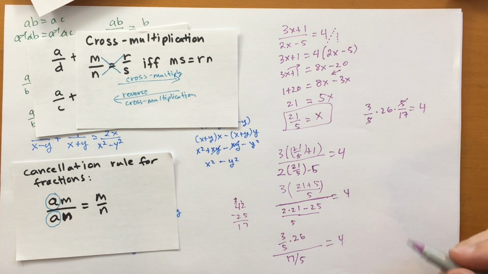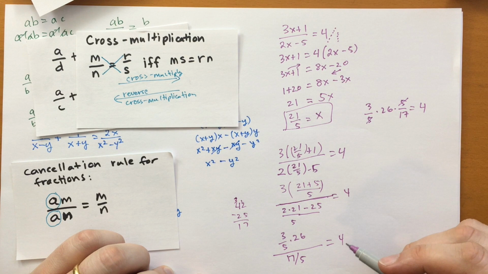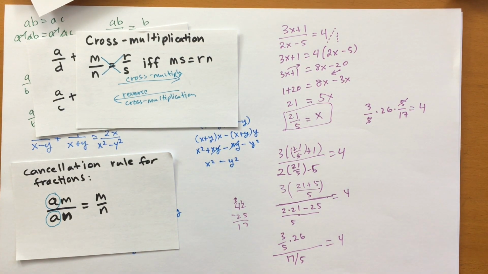That's definitely 17. So there's a 17 in the downstairs. There's a 5 in the upstairs. And that's a 26. Something ain't right here. I did something terribly wrong. X is 21 fifths.